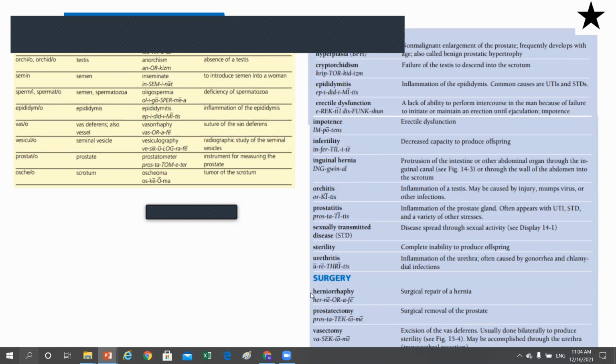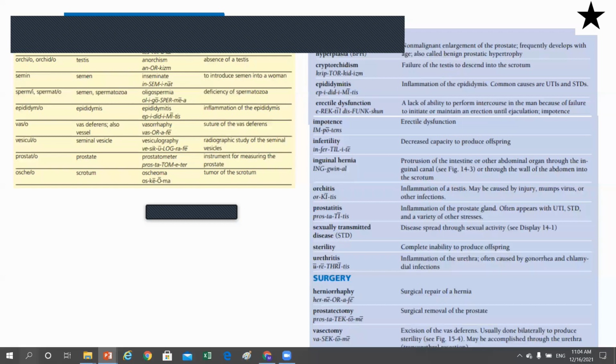Hernio is from hernia, and rhaphy is the stitching, surgical repair. It is a surgical technique which will reduce the hernia, putting it back into the proper place in the abdomen.